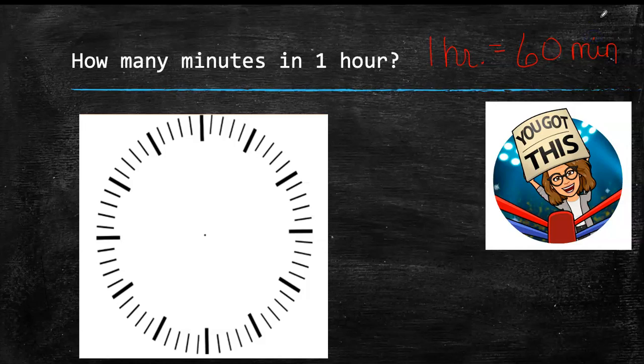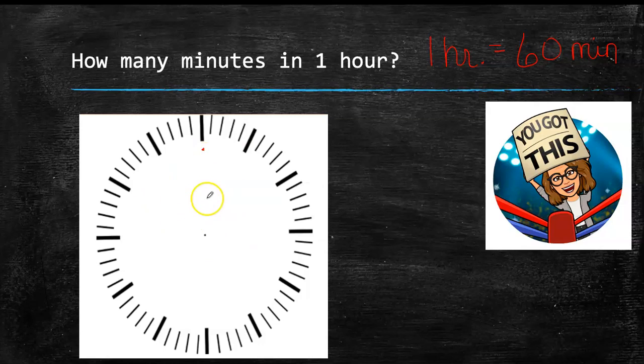Great job. So that means if I start right here and go all the way around, I've gone 1 hour in time. I've also gone 60 minutes in time. So if I were to count every one of these dashes, there's going to be 60 of them there. Okay?